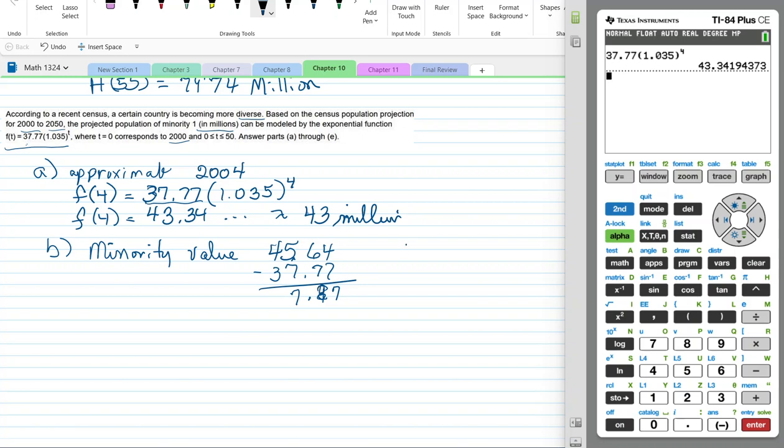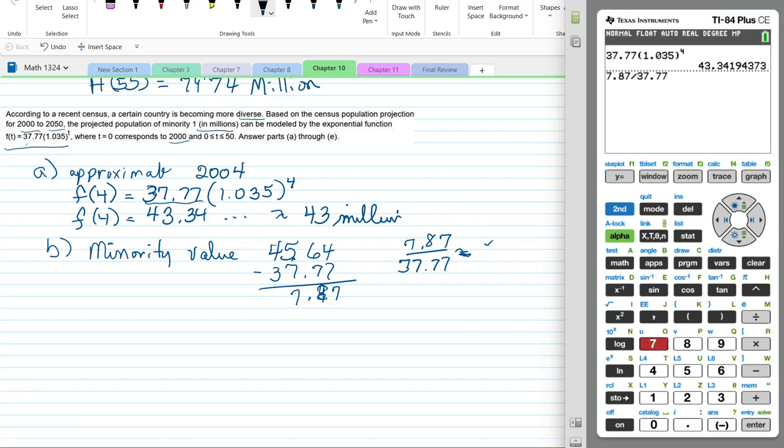So 7.87 divided by 37.77 gives us approximately, and we'll do it here. That's how it happens when I don't type out what I'm working on, right?